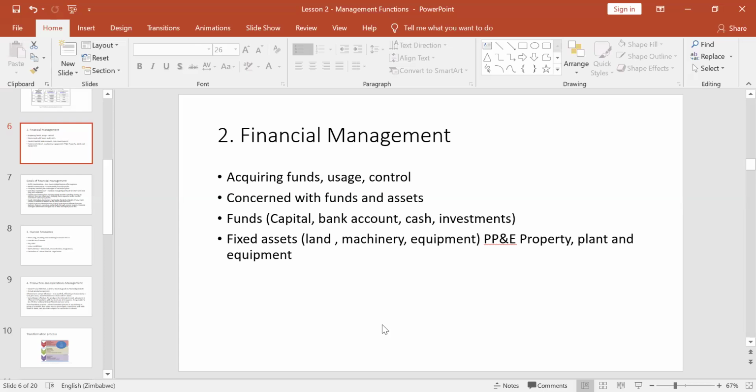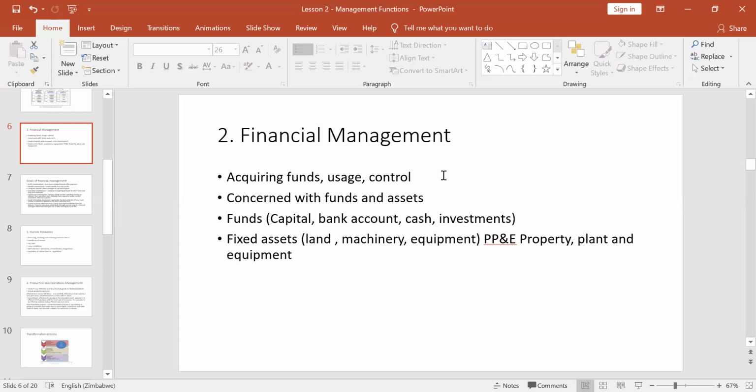You are the procurement manager, you bought some goods, you still need the finance department with the usage of the funds of the organization. And also the control, they take in the budgets, they cut where they need to cut, they increase where they need to increase. So they control the funds of the organization.